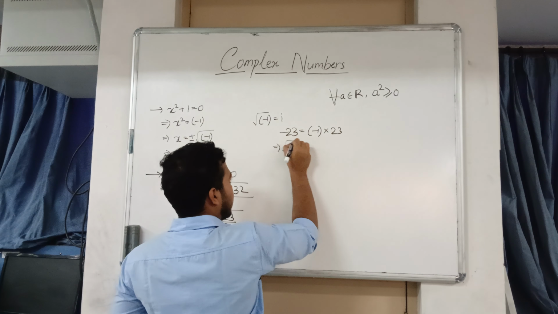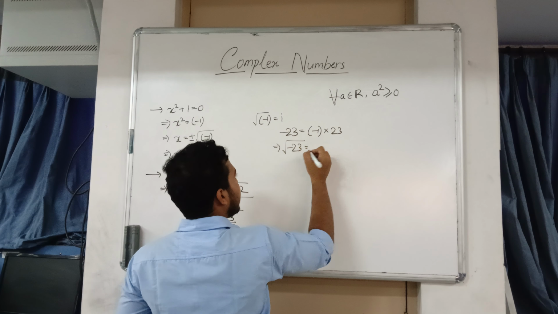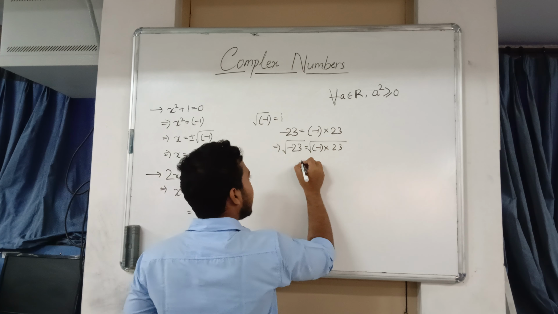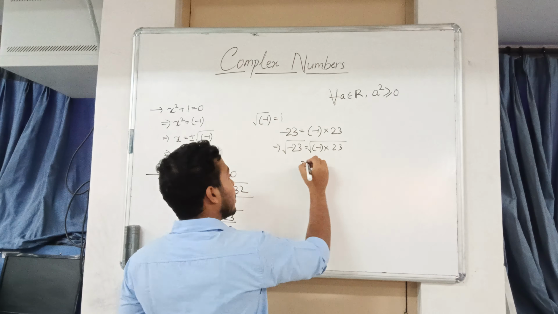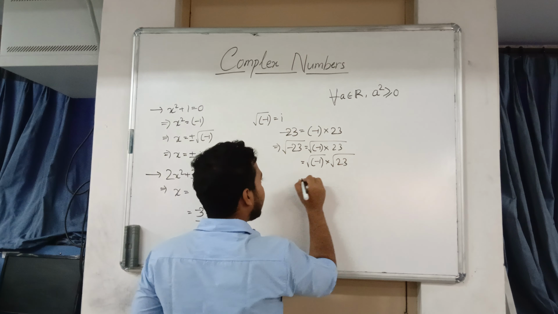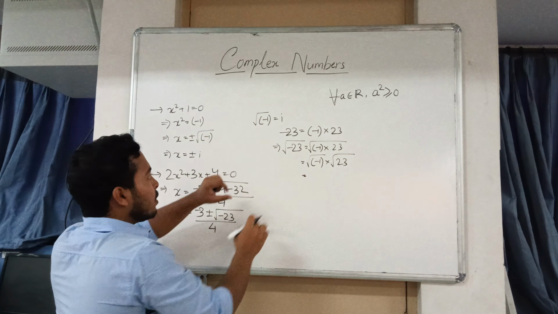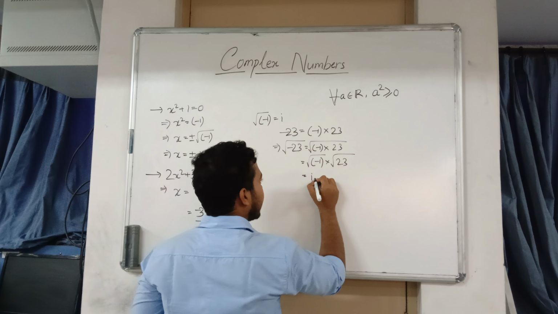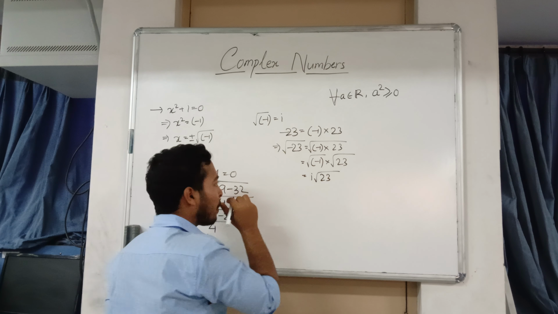Now observe, minus 23 can be written as minus 1 into 23, right? Taking square roots on both sides, I have root under minus 23 is equal to root under minus 1 into 23. That can be written as root under minus 1 into root under 23, and this we have denoted as i. So this equals i times root under 23, right?